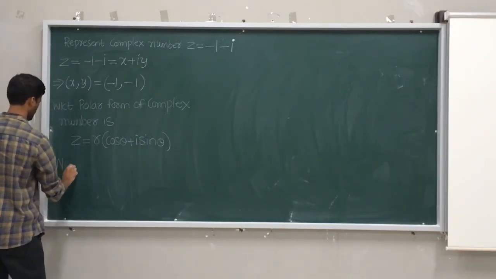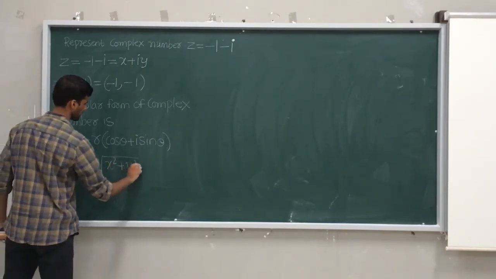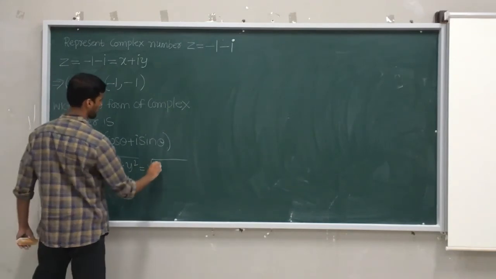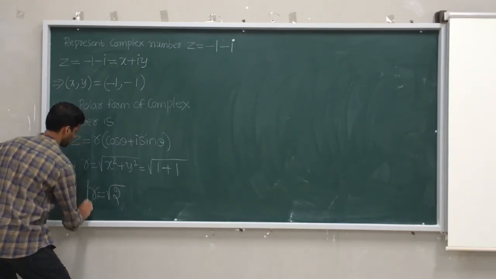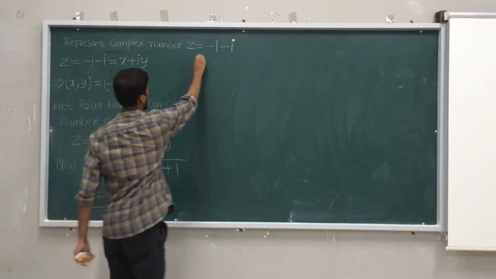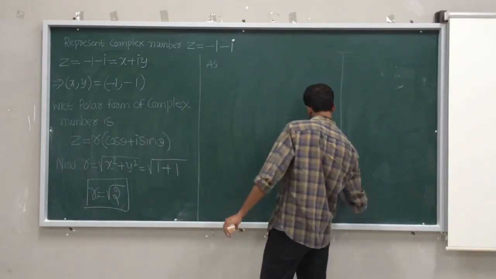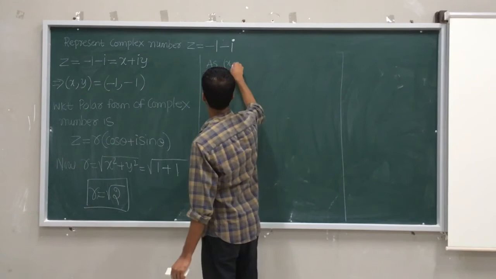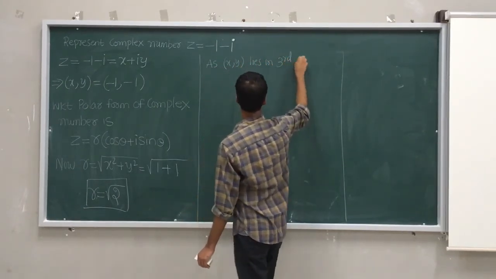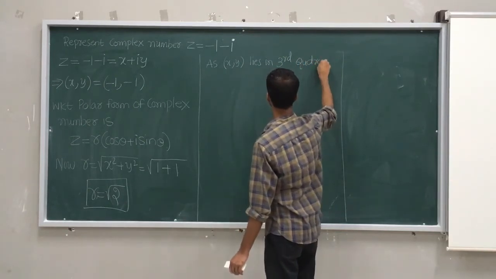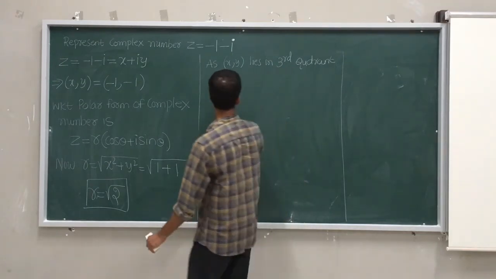Now, r equals the square root of x squared plus y squared, which is the square root of 1 plus 1, so r is root 2. Now, x comma y lies in the third quadrant, because x is negative and y is also negative. The only case is the third quadrant.